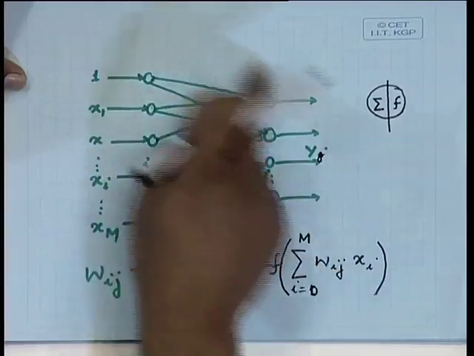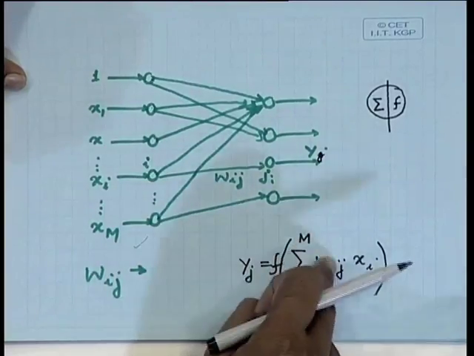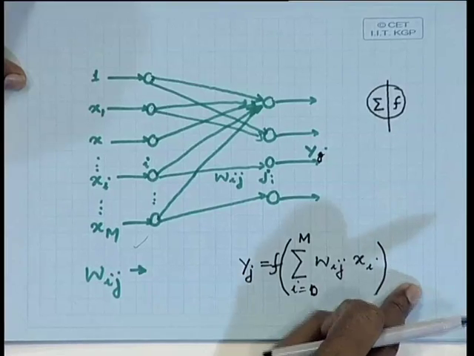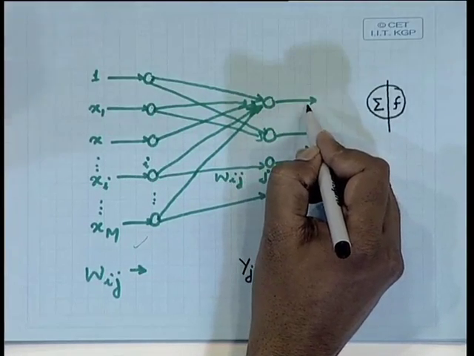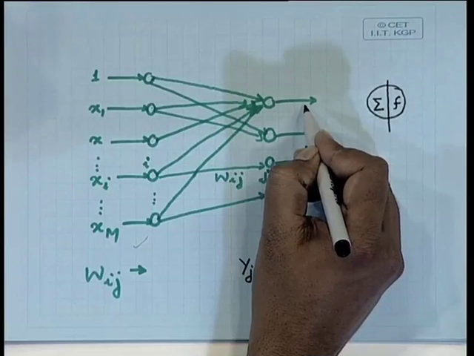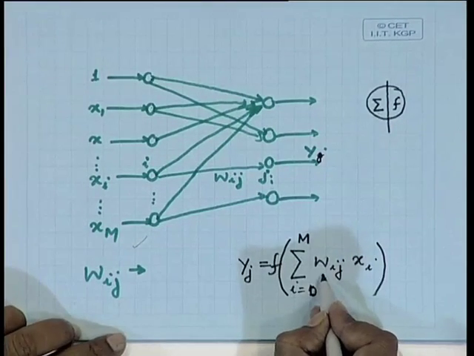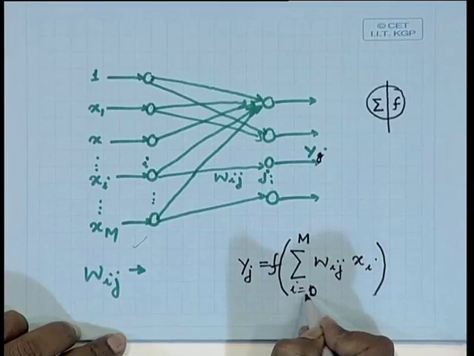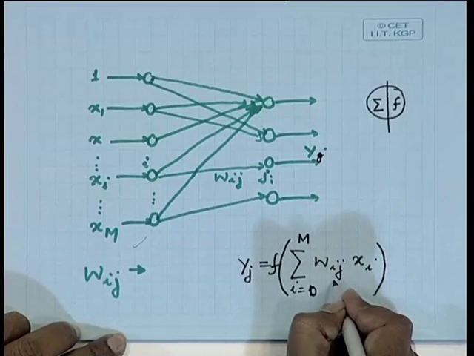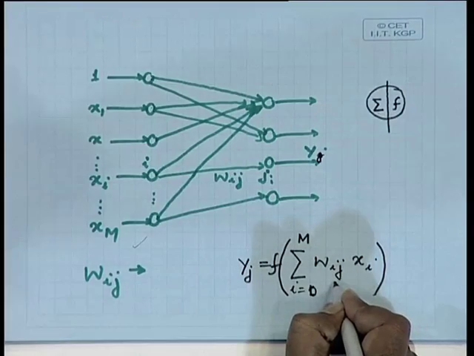One half is positive, the other half is negative. Extending that to the single layer multiple output neural network, each of these output neurons defines the equation of a straight line, is it not? Because this sum of w_ij x_i, with i varying from 0 to m, for a particular value of j gives me the equation of one straight line.